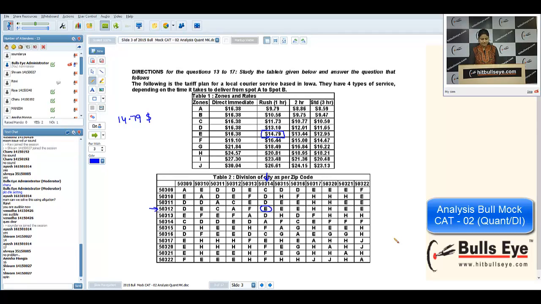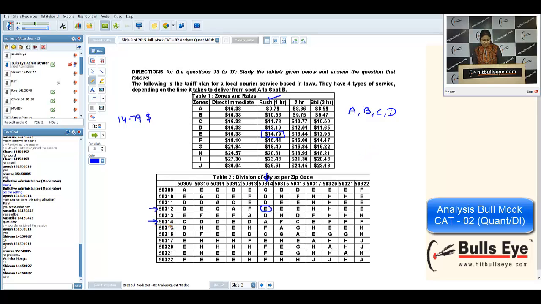Yes. Okay. See, Jack, who is staying at 5314 and using the rush service, less than that. Okay. Less than 14.79. Under rush service, how many possibilities are there? A, B, C and D. Its cost will be less than 14.79.